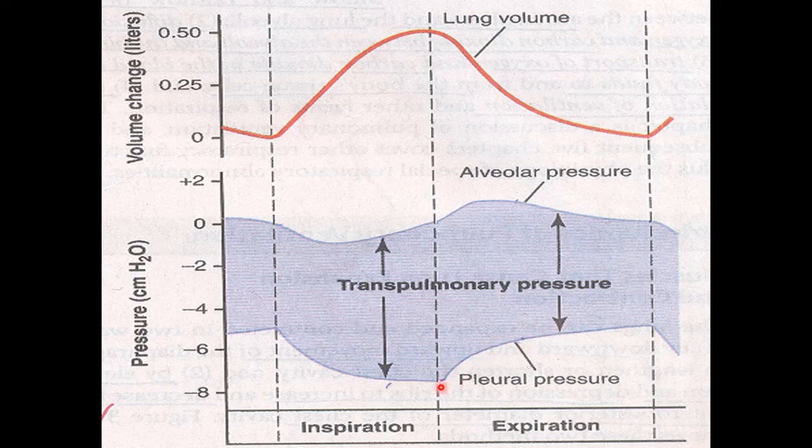From here, expiration is beginning, and you can see the change is reversed, and the negativity of the pleural pressure decreases, so that by the end of expiration it again becomes minus 5 centimeters of water. So these are the changes in the pleural pressure during normal respiration.